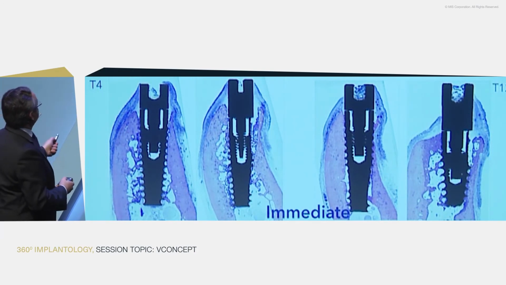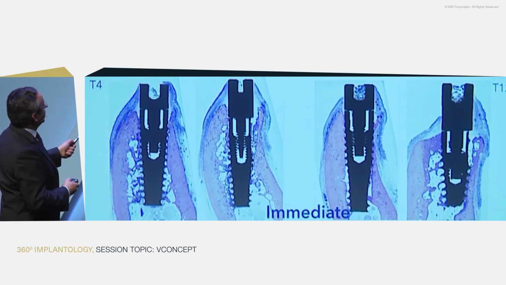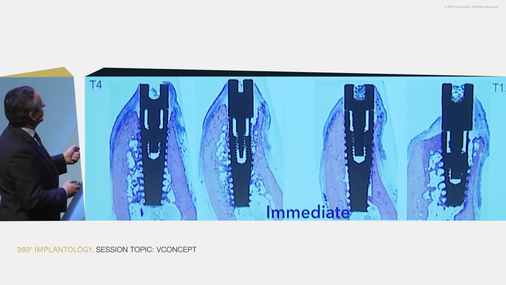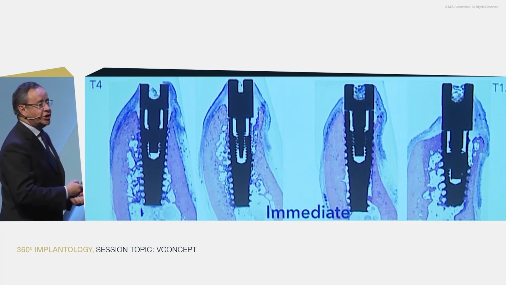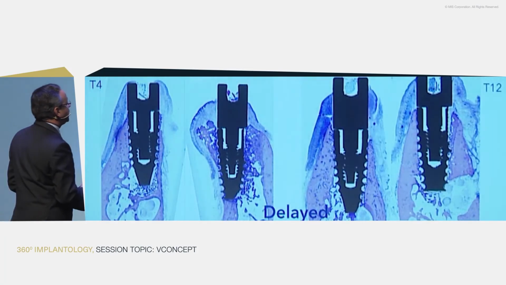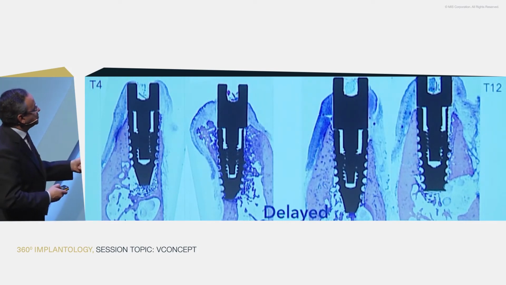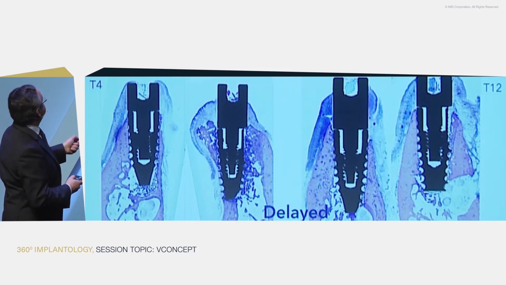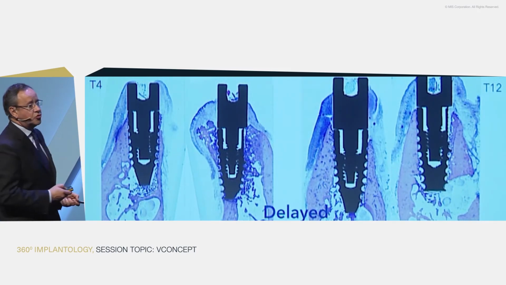And at 4 weeks already, you can see a less mature bone, but it's already filling the gap in these immediate implant sites. And you see the impact of the shaving of the coronal third of the implant. Similarly, you see at T12, this is the experimental, this is the control, this is the experimental, this is the control.